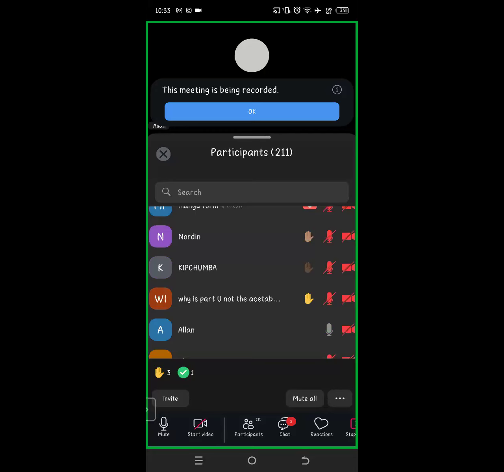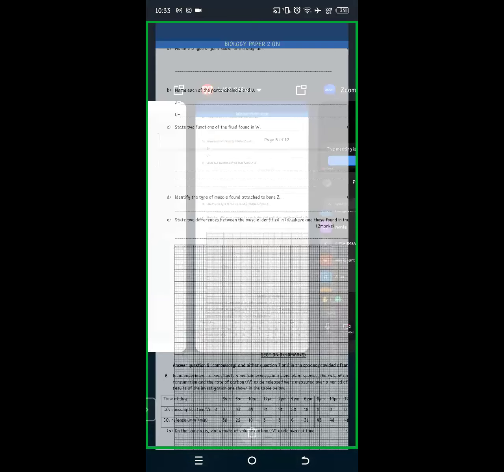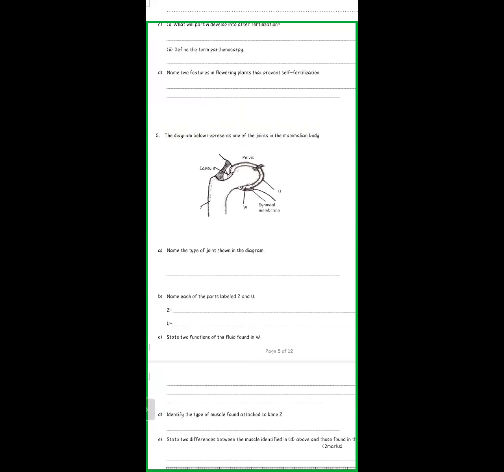Yes, someone is asking, why is part U not acetabulum? So again, maybe we go to that diagram and we see. So why is part U not acetabulum? So I would say part U, so we have the synovial membrane enclosing the synovial fluid.